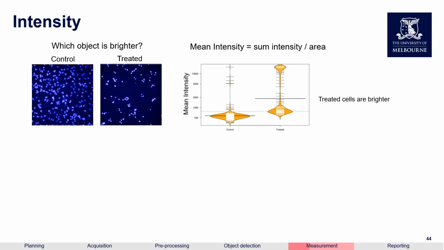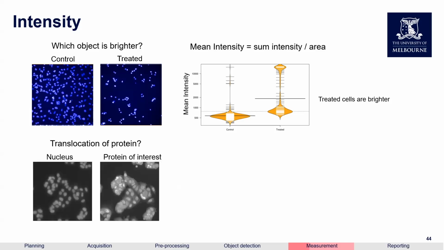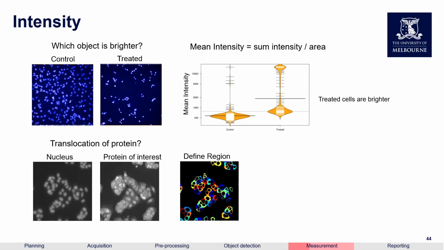So in this example, we want to measure how much of a protein has translocated from the cytoplasm to the nucleus. So this is another typical intensity measurement. And first, because we have the nucleus staining and the whole cell staining, we can detect each region and also subtract the nucleus from the entire cell, making the cytoplasm mask.